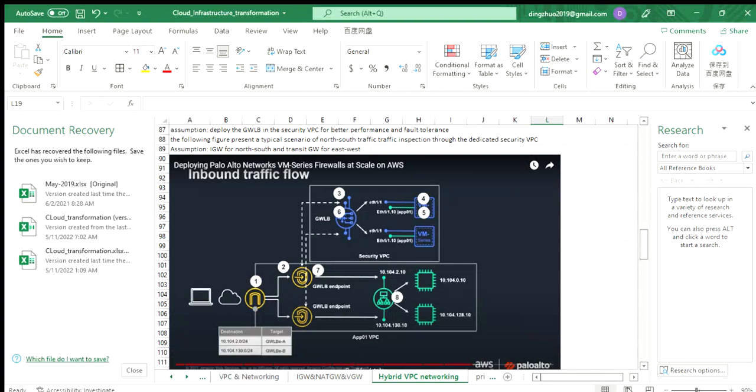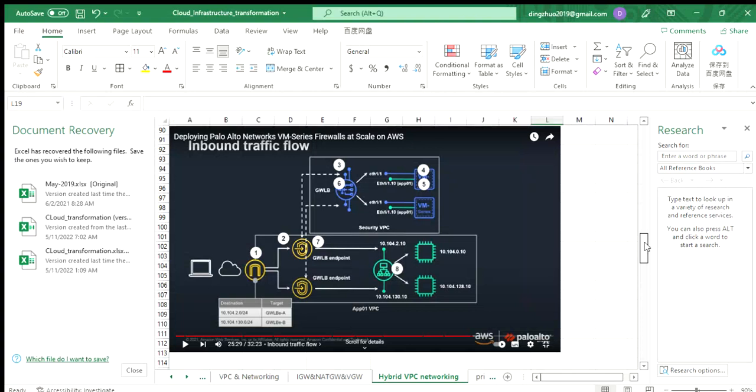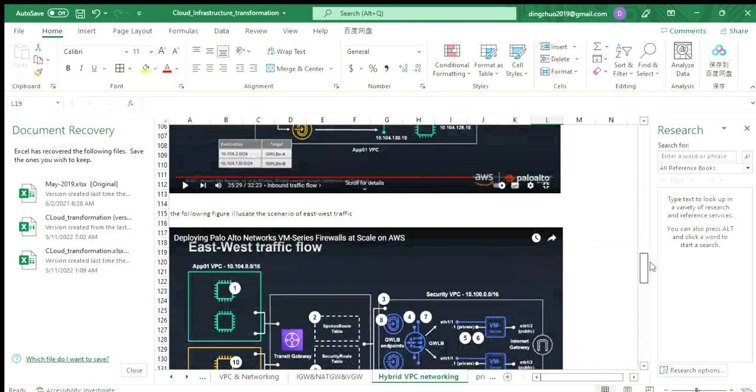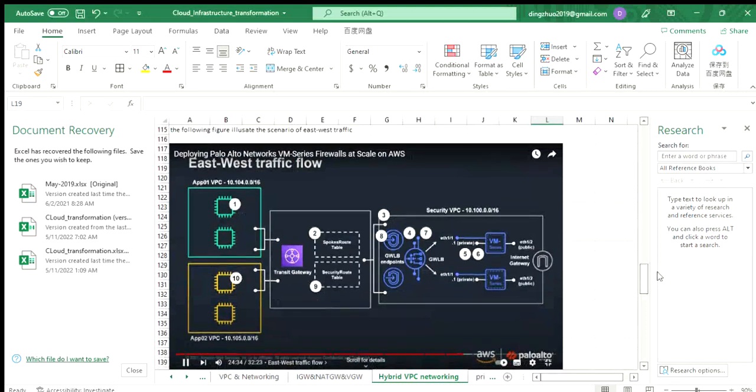So this is a very typical scenario of the designs in the gateway load balancing. And this is for the inbound, which is for the south-facing traffic. The next scenario, we gave the scenarios about east-west, which is between the VPCs.